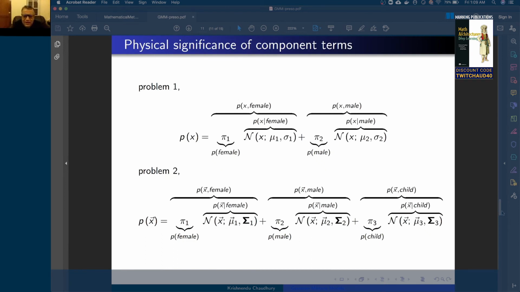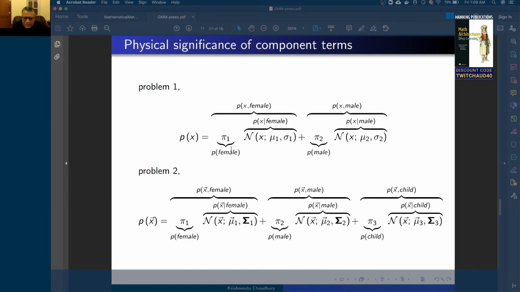So here I am trying to give a sense of the meaning of the individual components in that formula that we just saw. In the particular case of problem 1, the summation is over 2 terms, and I have explicitly shown those 2 terms here.